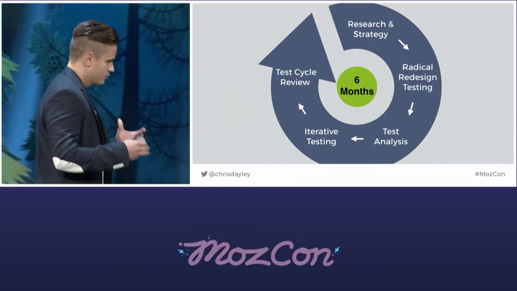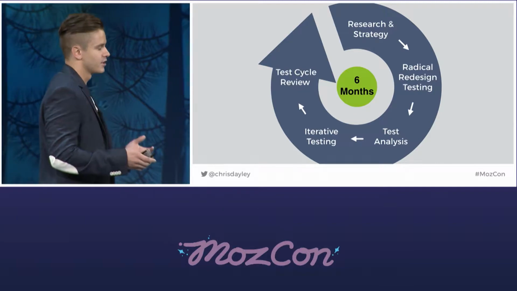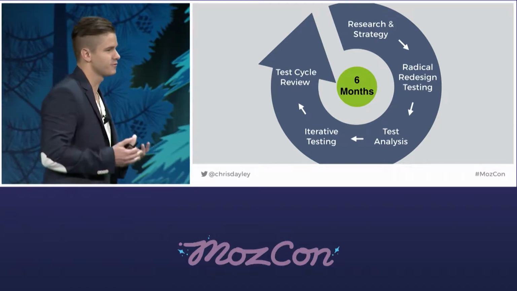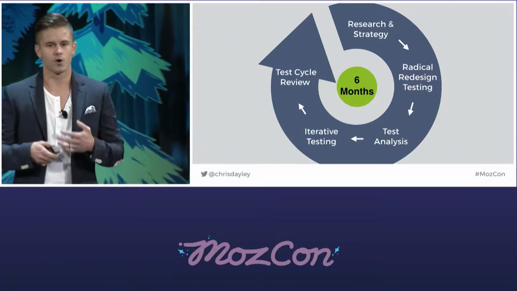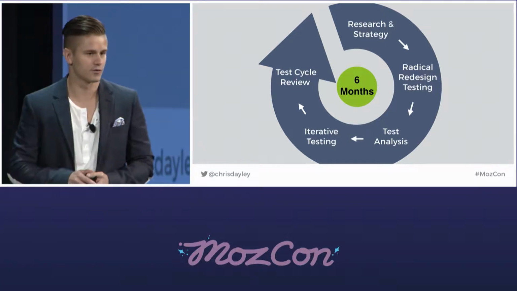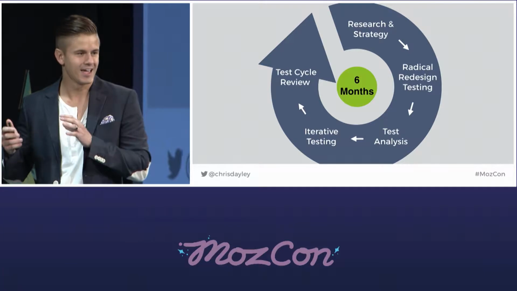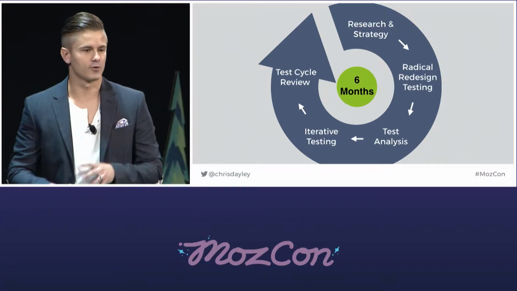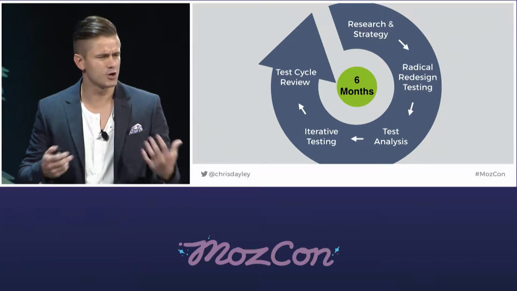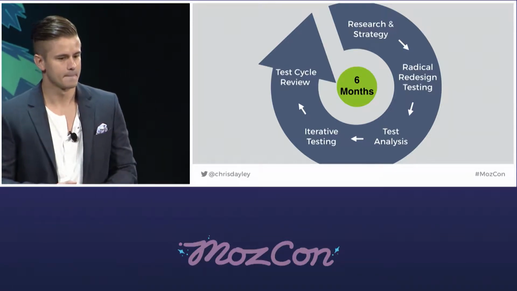So you start out, you do your research. You're going to dive into your analytics, see if you can figure out what challenges your users are having with your current page or what opportunities you may have in front of you. You put together a strategy, and you launch immediately into the radical redesign. Now, you might have to do a couple of rounds of redesign testing. Maybe you don't find a winner immediately.